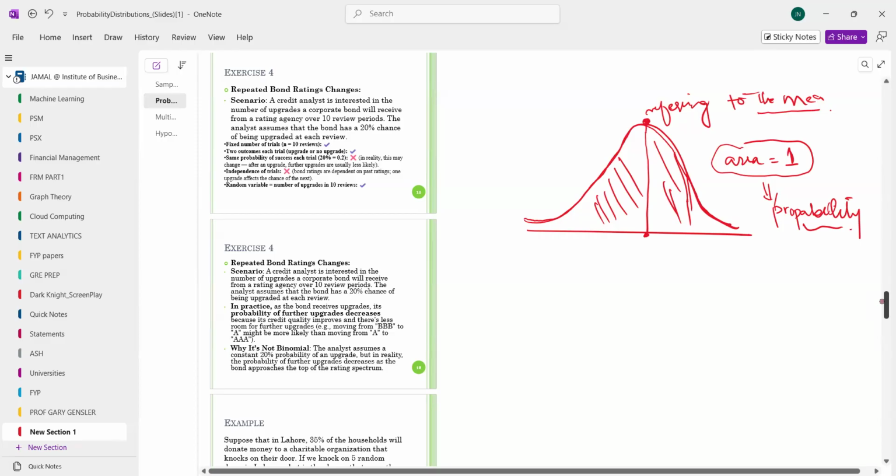Because the area under the curve is equal to one and it's symmetrical, to the right of this center it's going to be 0.5, and to the left it's going to be 0.5 as well. So the area on both sides of that highest point is going to be equal. 0.5 on the right and 0.5 on the left, right? So this is what it means.